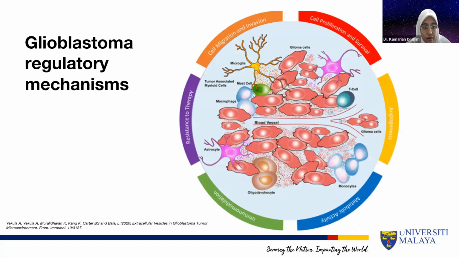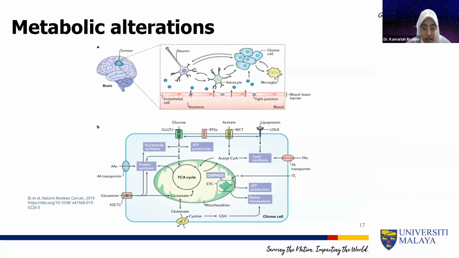So the regulatory mechanisms of glioblastoma are divided into a few categories: cell migration and invasion, the ability of the cells to proliferate and survive, angiogenesis, the alteration of metabolic activity, immunomodulation, and resistance to therapy. Firstly, we'll look at the metabolic alteration: glioma nutrient uptake and utilization in the brain tissue context. The biochemical environment and metabolic interaction between brain cells contribute to nutrient availability.